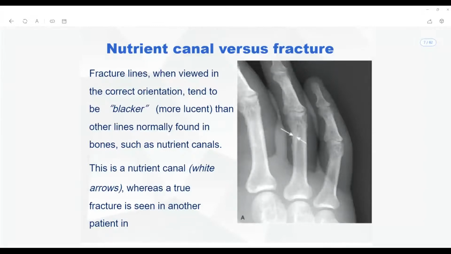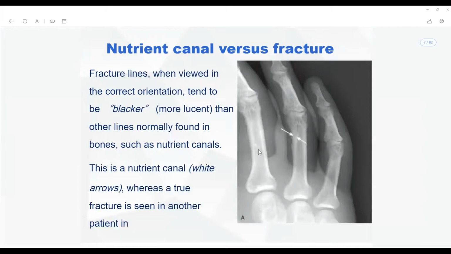Nutrient artery, right? The nutrient artery generally enters along the upper third, or generally along the midway, of any long bone. You see here, and that nutrient artery is canalizing along the cavity of the bone, right?